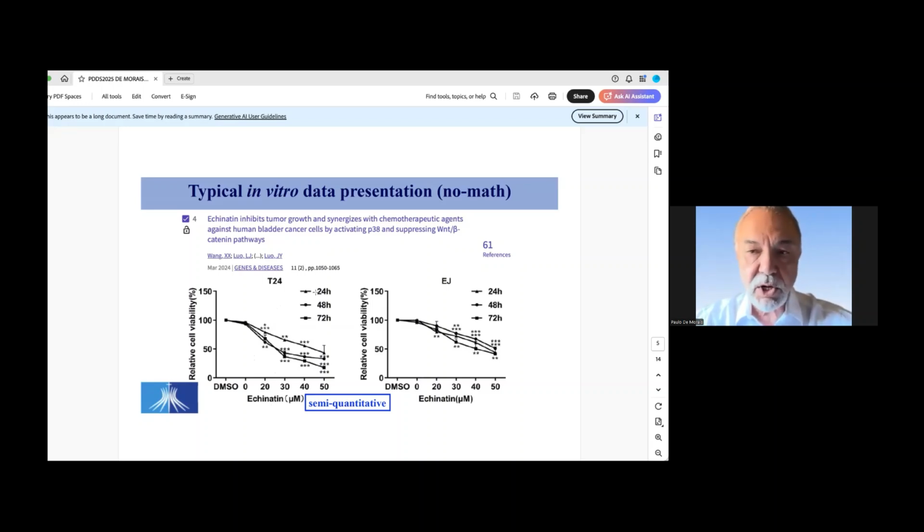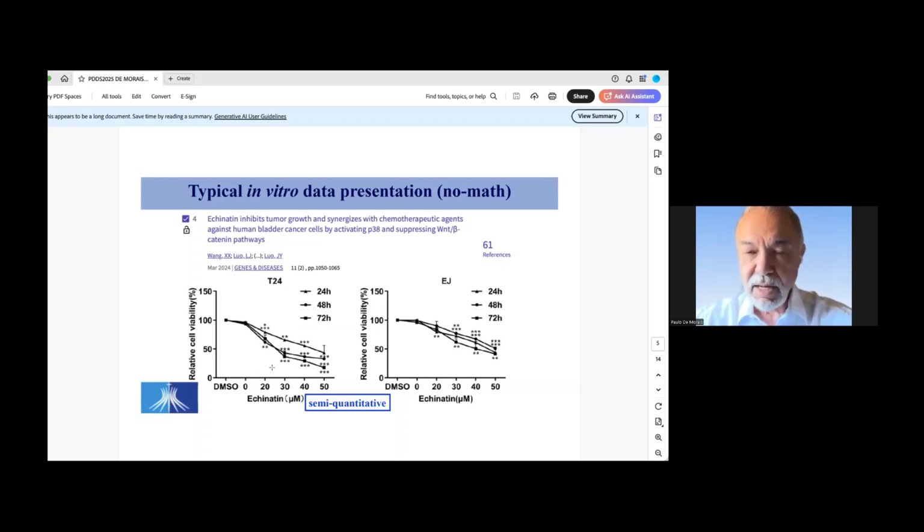And the assays were performed 24 hours, 48 hours, and 72 hours after the incubation of the cell line with the chemotherapeutic. And the solid lines are just linking the experimental data, just a guide to the eye. And of course, there is no quantitative analysis, but sure, you can extract some information from this.